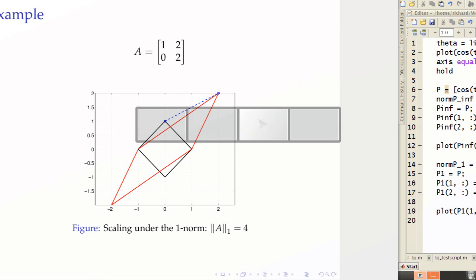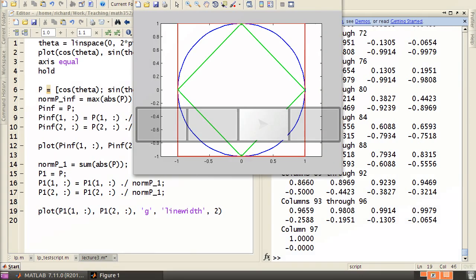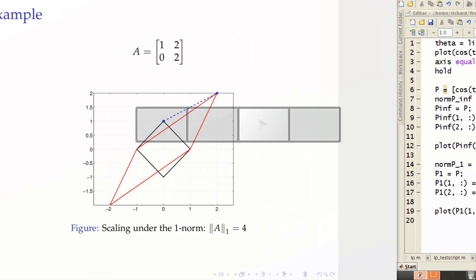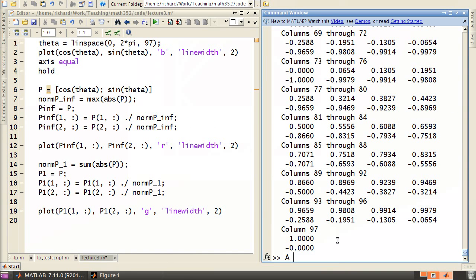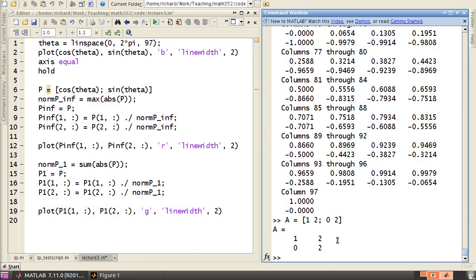So we've got a matrix A. Let's just move away from that picture again. A is equal to 1, 2, 0, 2. Let's put that into MATLAB again. It would be a shame to waste our unit vectors that we calculated before, so we'll hang on to those.